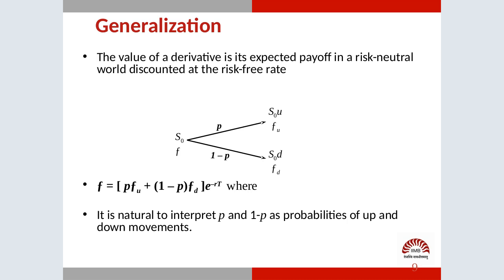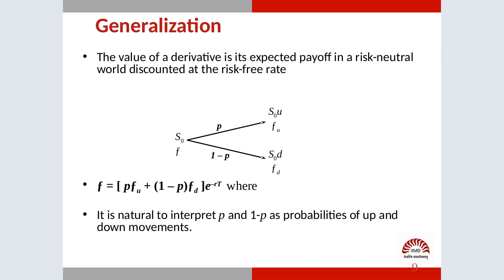If this equation is satisfied, then what happens? I know S naught, I know R, I know T, I know U, I know D. U is the rate at which it moves up, D is the amount it moves down by. So I know both of them. So using this equation, I can solve for P. There is only one equation, and I'll show you a numerical example in the next slide.